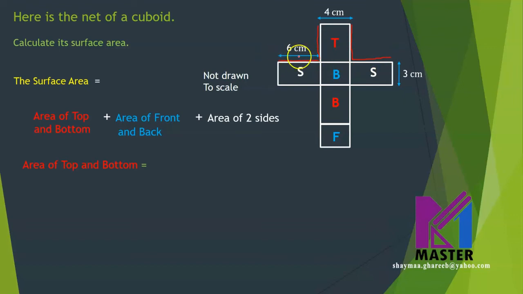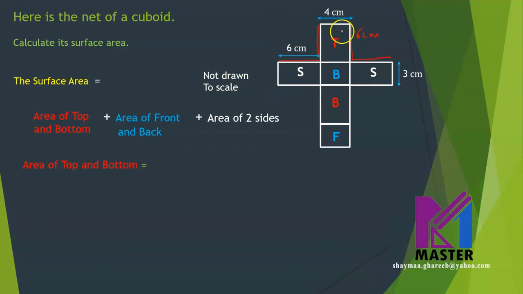So if this side is 6 centimeters, it means this one is 6 centimeters as well. So now I have the length of this rectangle and the width of the rectangle, 4 and 6.